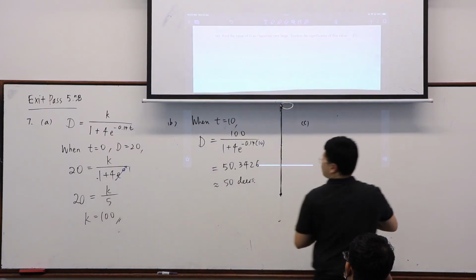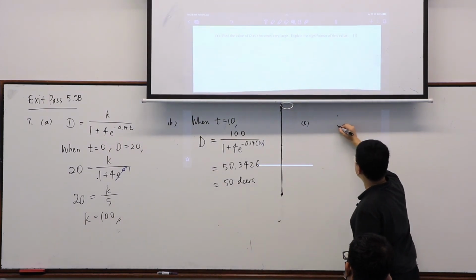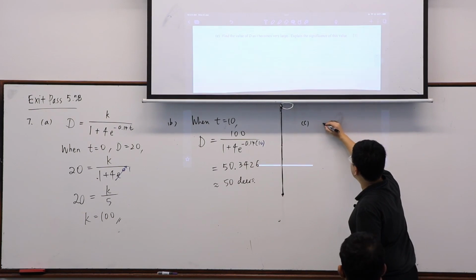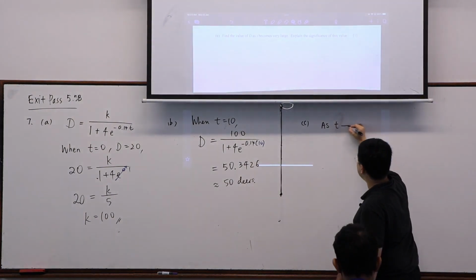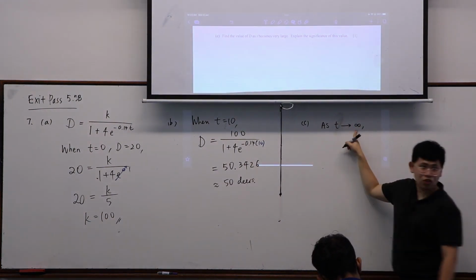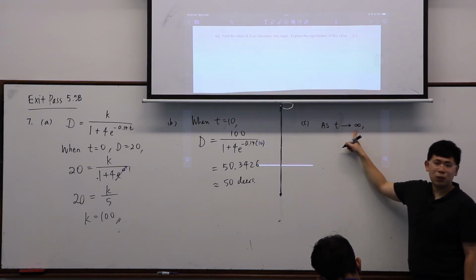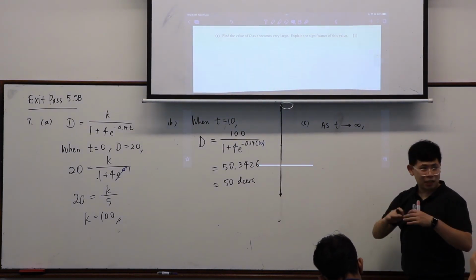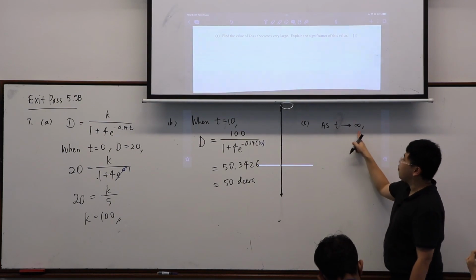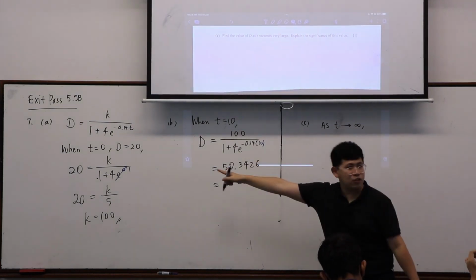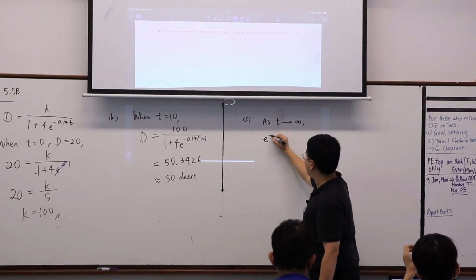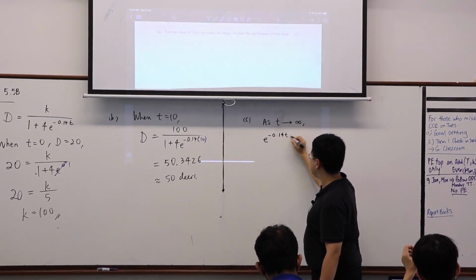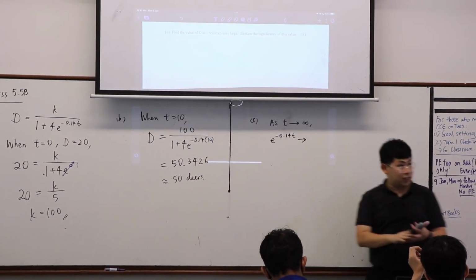So as t becomes very large, mathematicians use symbols to express words. We start with the exponential function, e to the power of negative 0.14t. What is the behavior of this graph?